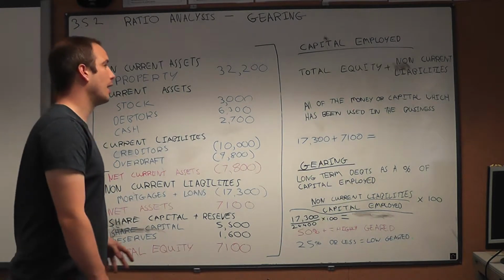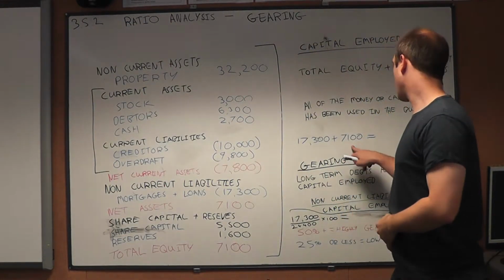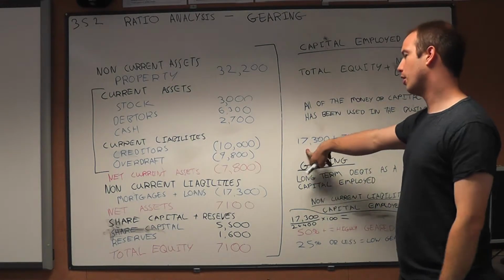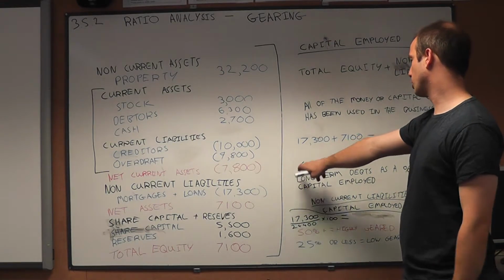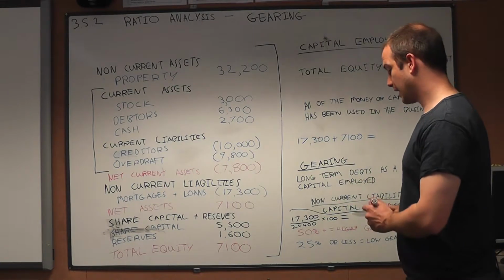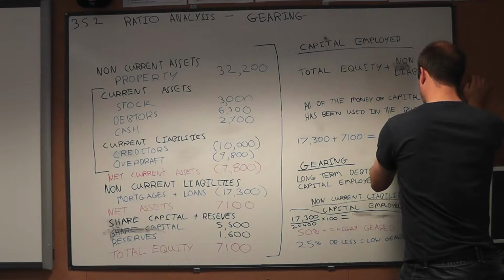So we take our total equity, which was £7,100 million, plus our debts, so our non-current liabilities, our loans and mortgages, which was 17,300, and we add the two together, which gives us 24,400.